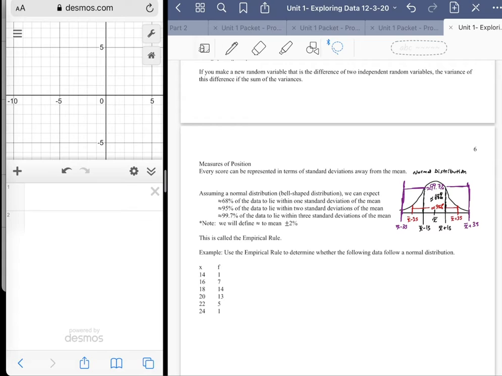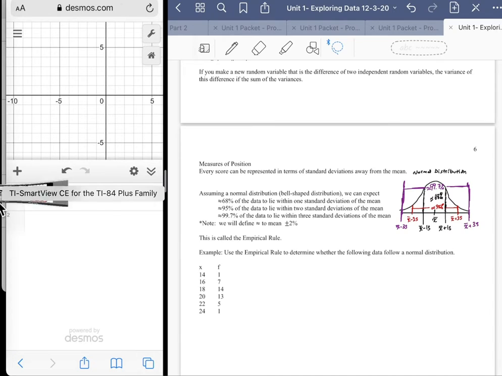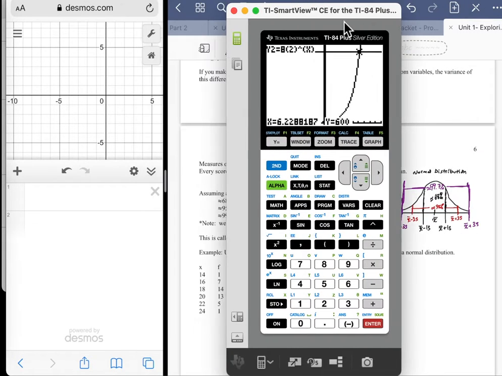If we come up with those intervals, then we can determine how many values fall within those intervals, which would give us a sense of the percentages, which in turn would give us an idea of whether or not we're dealing with a normal distribution. It's a lot easier to do frequency distributions on a TI calculator than it is on Desmos, so I'm going to go with that.